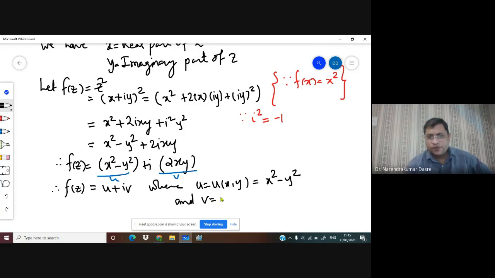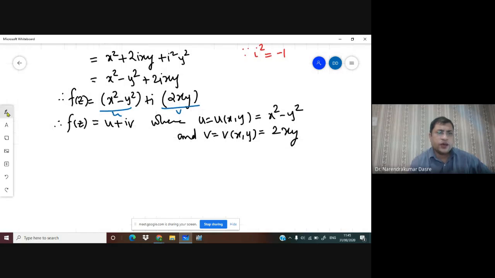And we have v, again a function of x and y, which is 2xy. So here what we are able to say is that the function of a complex variable is again a complex.